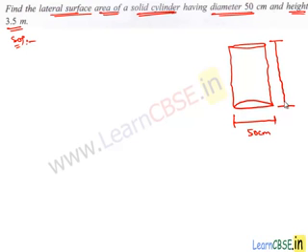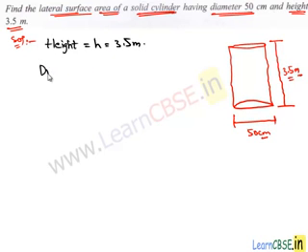That means we are given the value of diameter and height, and these two are in centimeters and meters, so we have to convert to either centimeters or meters. First of all, we note down the given data, that is the height of the cylinder is small h, it is equal to 3.5 meters.